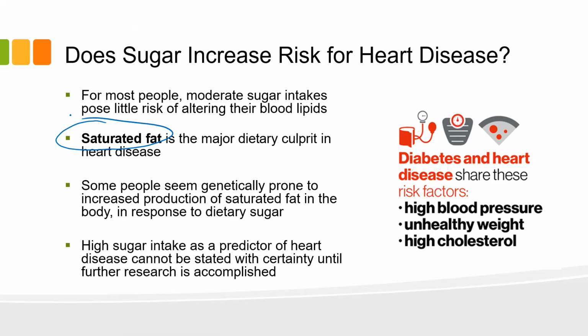Translating that to what's going on in humans is very hard. There are some studies in humans where they study them short term with high sugar intake, and they do see, in some people, an effect on their blood lipid and cholesterol levels. But there's much still to be understood here about sugar intake and cardiovascular disease.